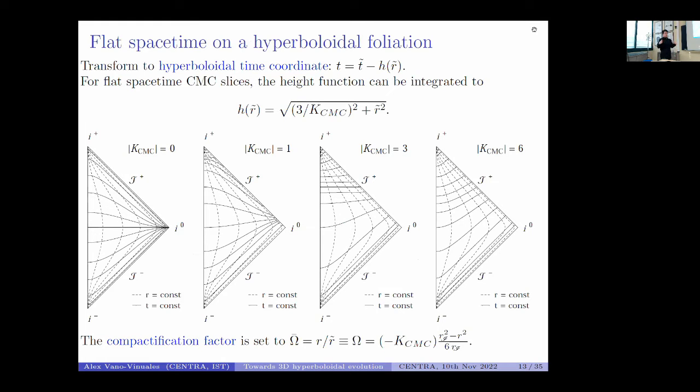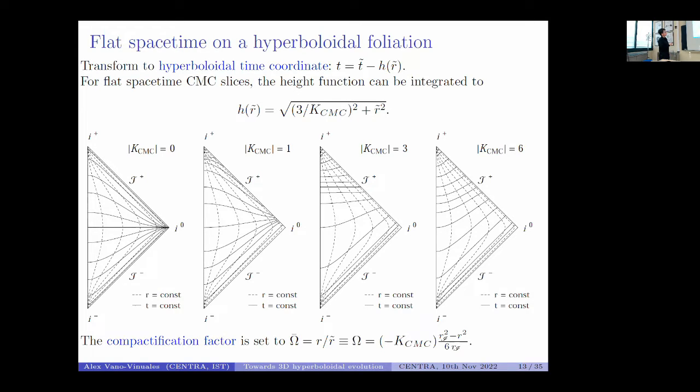Now, what data do we feed to those equations? One way to obtain initial data on hyperboloidal slices consists of taking your chosen line element, here this is for Minkowski spacetime, and then you first perform a transformation in your time coordinate.